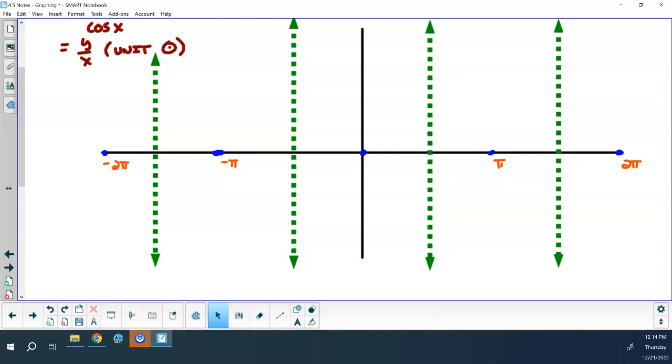Now, let's talk a little bit more about vertical asymptotes. Can my function cross a vertical asymptote? Sage, that was a very good job of interpreting. You didn't even stop drawing your vertical asymptotes, but from the other side of the room, I heard a yeah, we can.